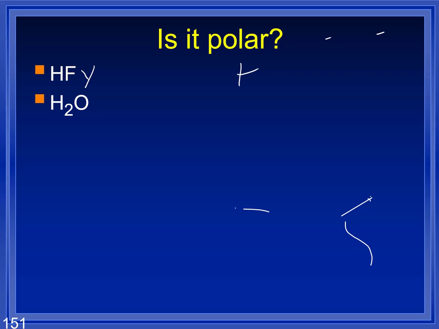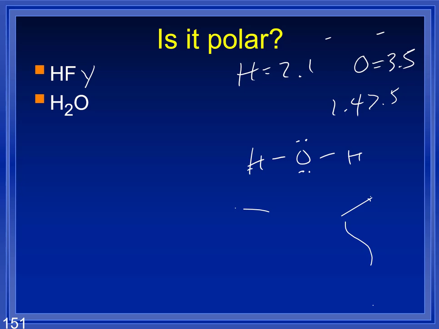So H2O, H was 2.1, O was 3.5. That's a difference of 1.4. That's greater than 0.5. Right? So it's got polar bonds. H is hooked to O, is hooked to H. There's the structural formula for water.